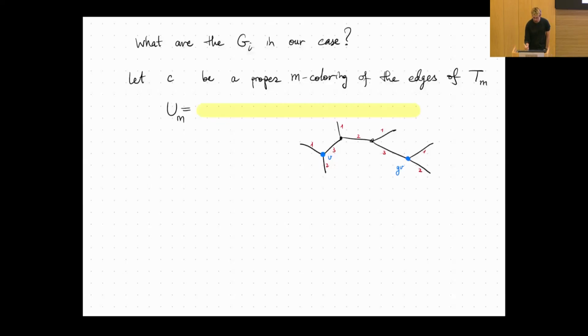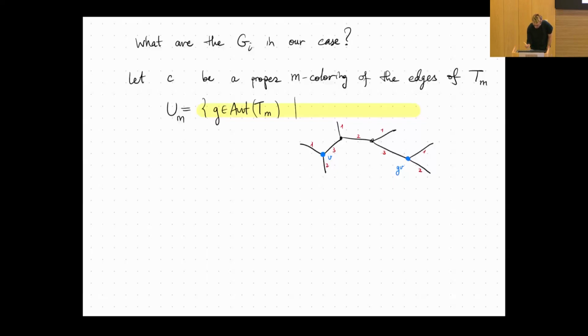This gives you a way of relating the neighbors of a given vertex with the neighbors of another vertex. So for every automorphism g of T_M, I can consider what kind of permutation it induces on the colors from the neighbors of v to the neighbors of gv.